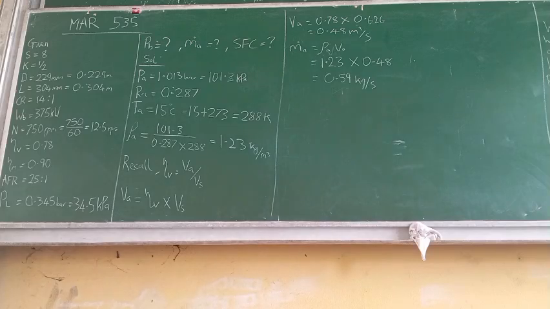Now, the second question was to find your brake pressure. That is the indicated mean effective pressure in the working loop. That is your PB.